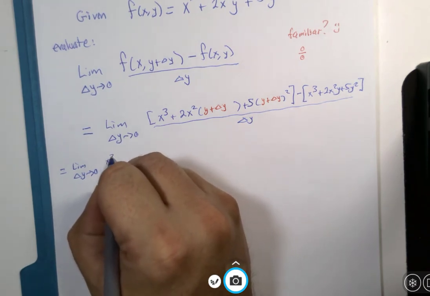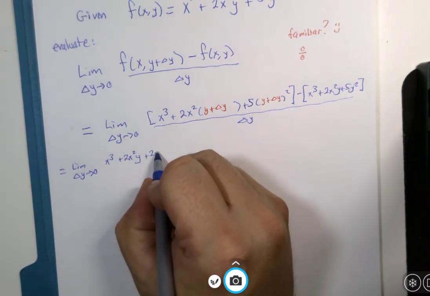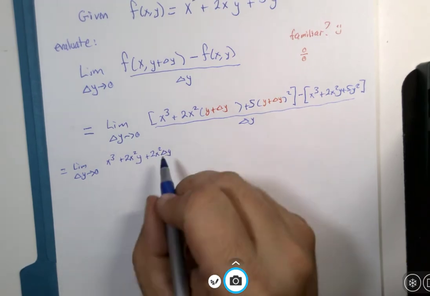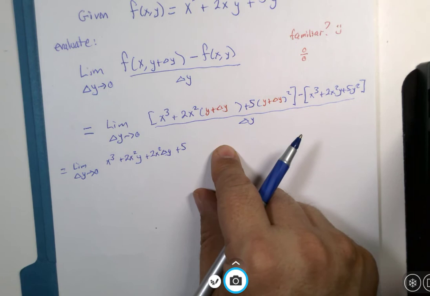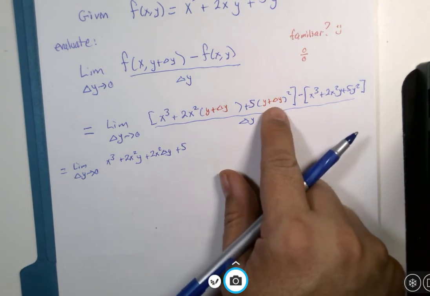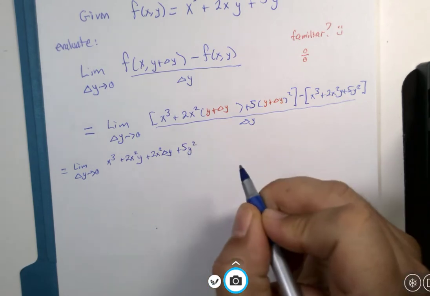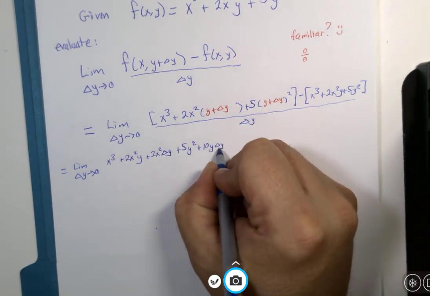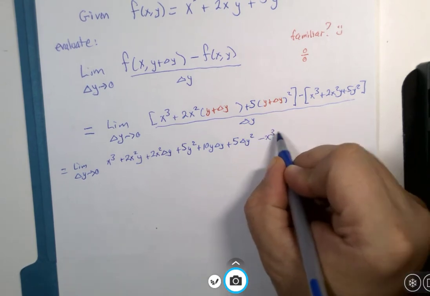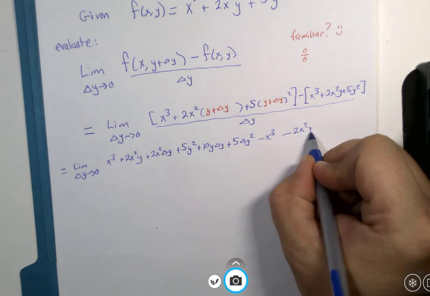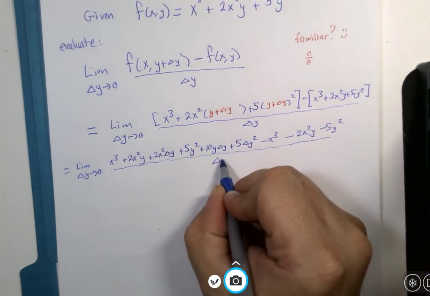I'll have x cubed plus 2x squared times y plus 2x squared multiplied by delta y plus 5 times, now I'm going to ask, if this next step is starting to look fast, pause the video, write out this multiplication here, then multiply by 5, but I have to keep going. 5y squared plus 10y delta y plus 5 delta y squared minus x cubed minus 2x squared y minus 5y squared, all of this over delta y.